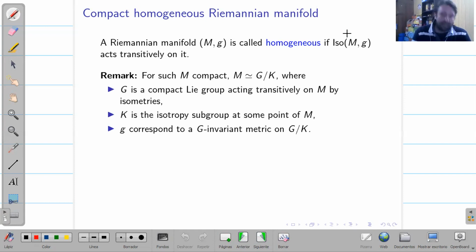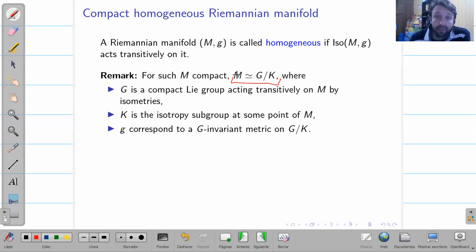And it is well known that such an object, a compact one, can be realized in this way, where G is a compact Lie group acting transitively on M by isometries, maybe smaller than the isometry group, which is useful sometimes. And if you take the isotropy subgroup K, you have this diffeomorphism.